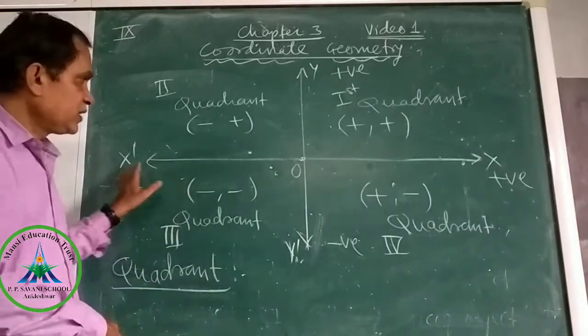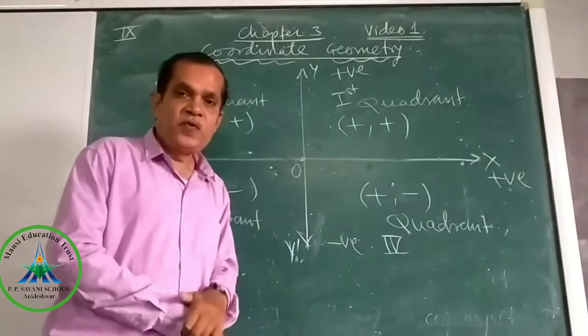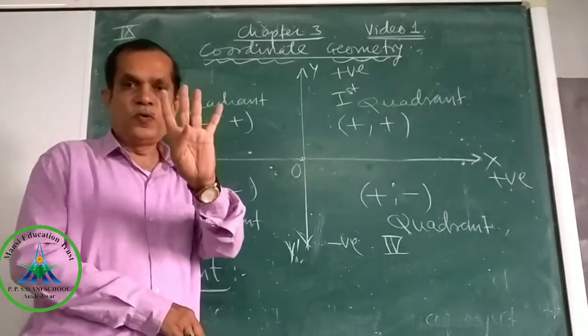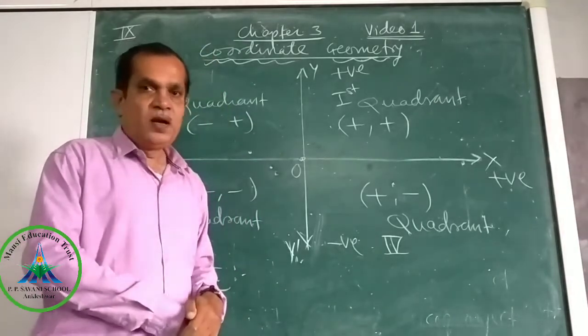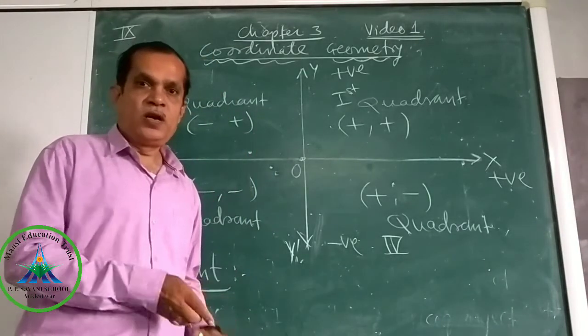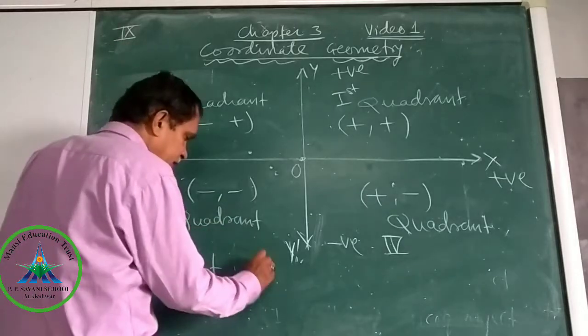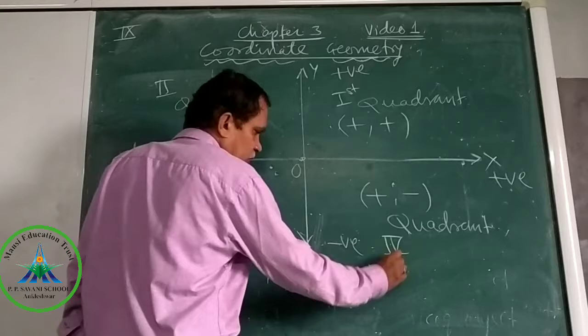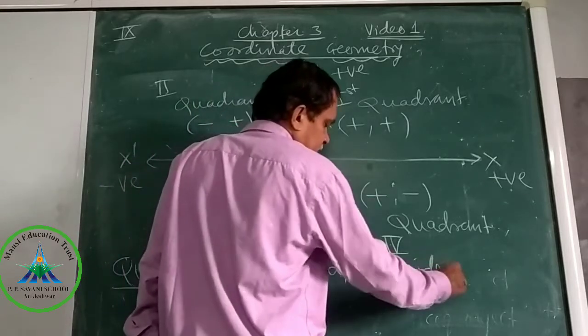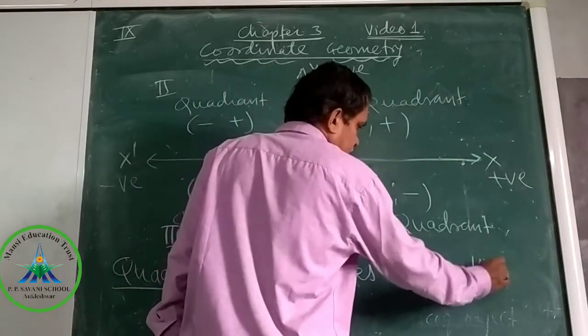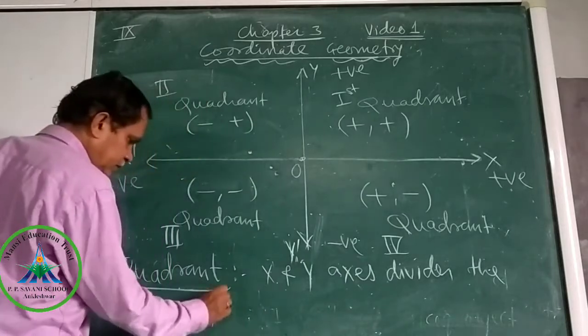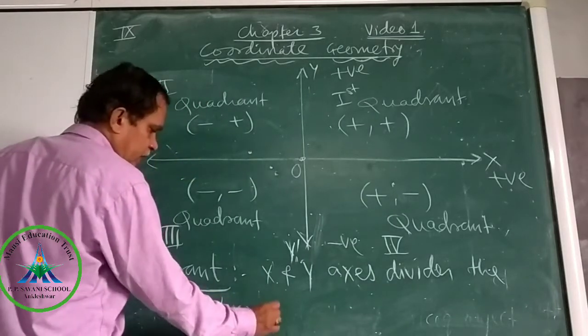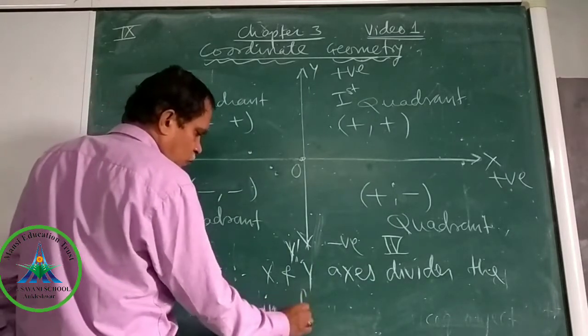Yes, x-axis and y-axis divides the plane in 4 parts. Each part is known as quadrant. So we'll write x and y-axis divides the plane in 4 parts.